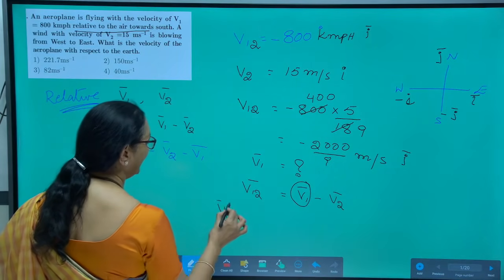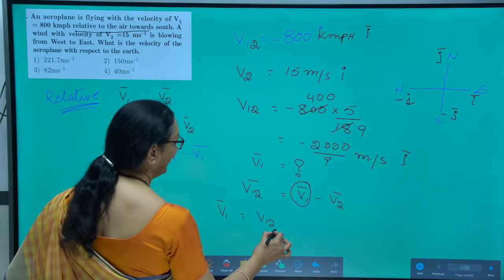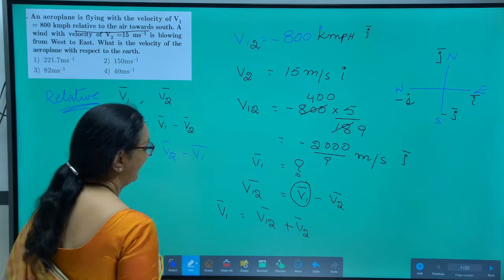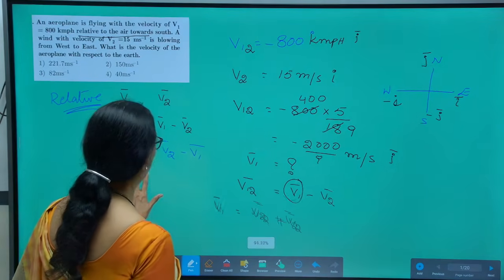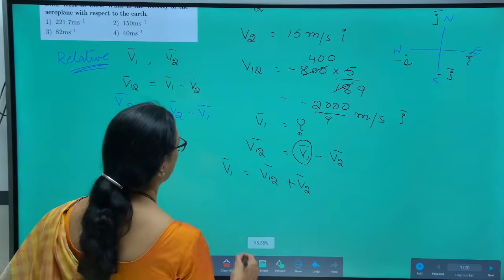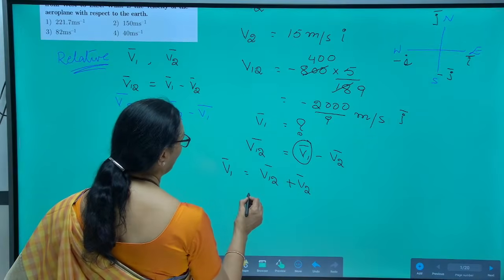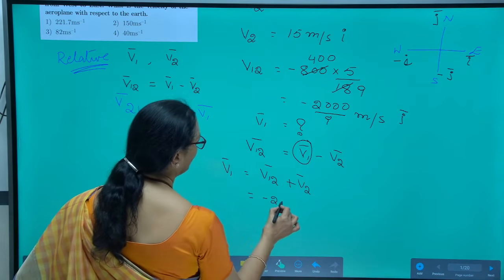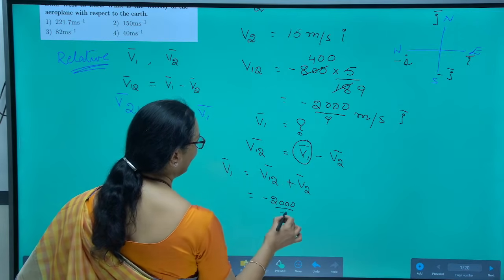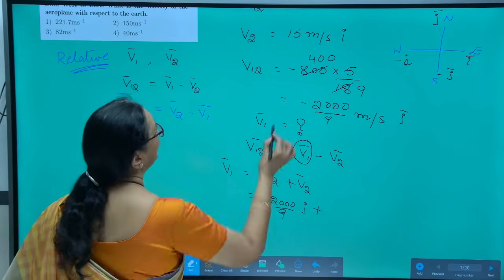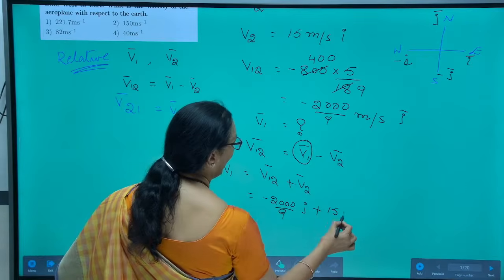So, V1 bar is equal to V12 bar plus V2 bar, right? So, here let us just substitute the values. V12 bar is equal to minus 2000 by 9 j bar. V2 bar is 15 i bar.